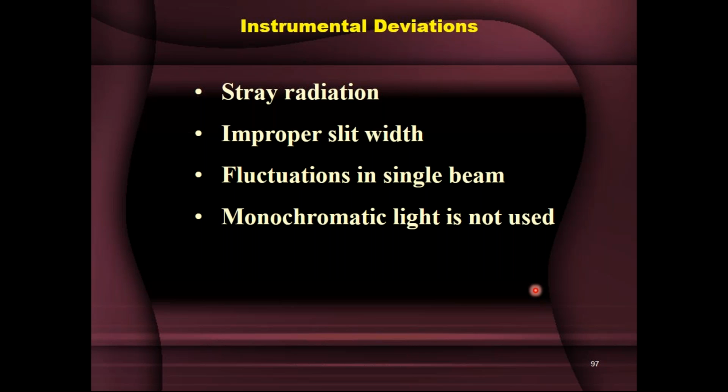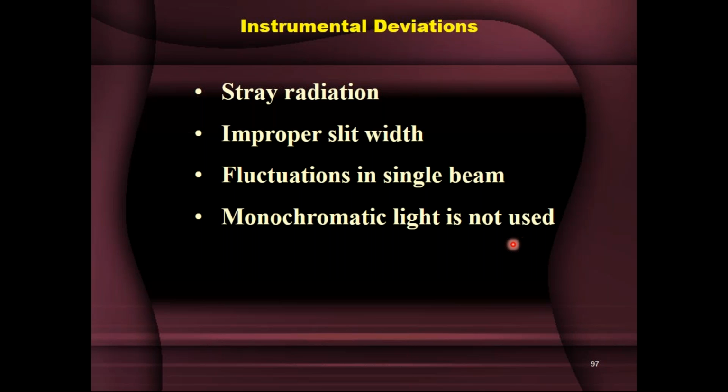But whichever source lights up, it will give you polychromatic radiation. And so, along with the source, you will have a wavelength selector which will select a few wavelengths around the desired one. So you get almost monochromatic light, and this is sufficient in most cases.